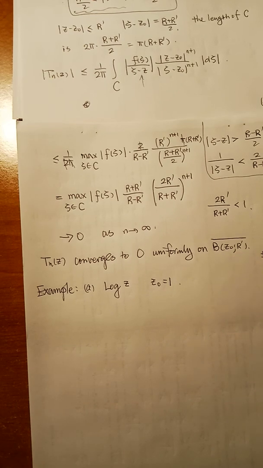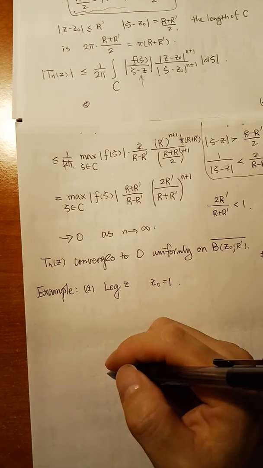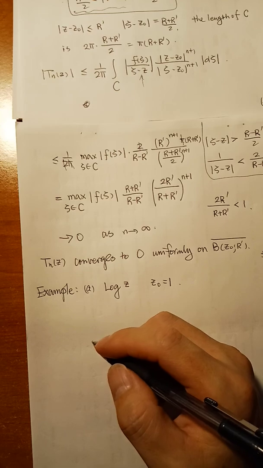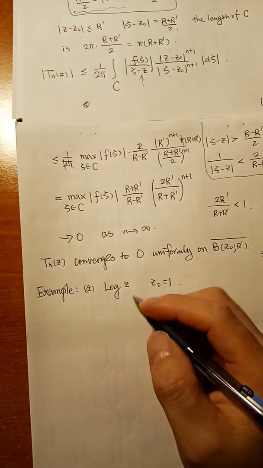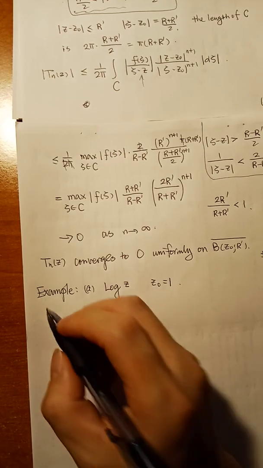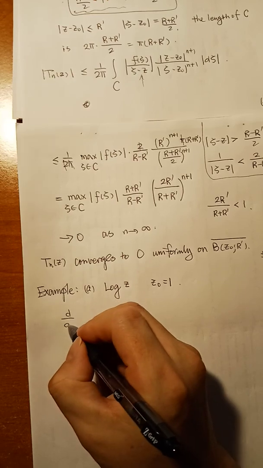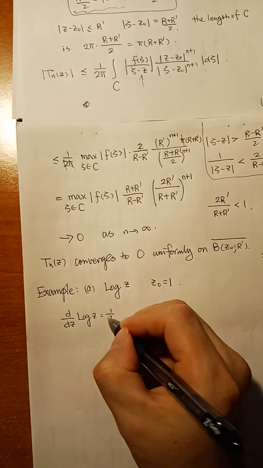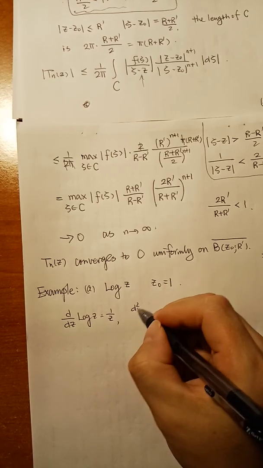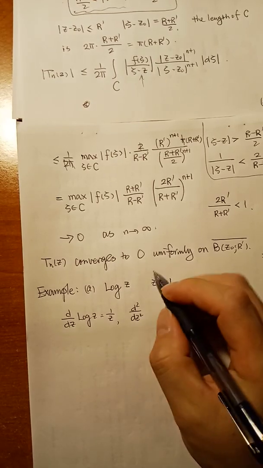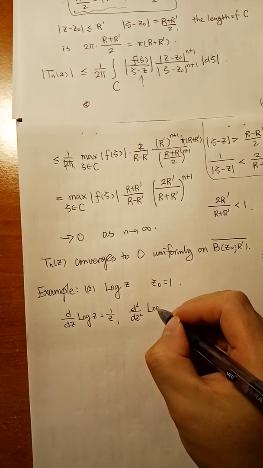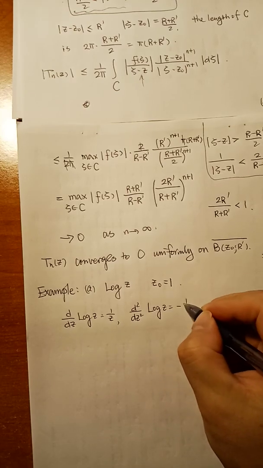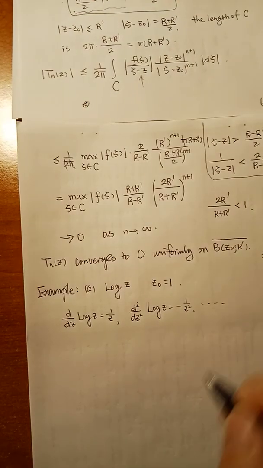Okay, so we know that the Taylor series involves a higher derivative. So we just try to observe what the derivatives are. The derivative of log is 1 over z. The second derivative of log is negative 1 over z squared, and so on.